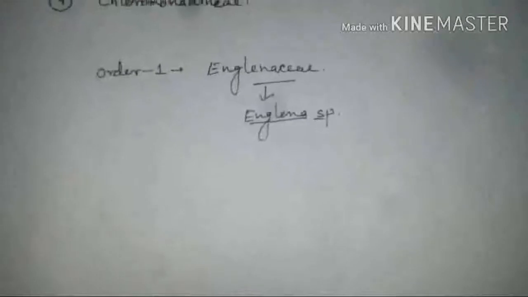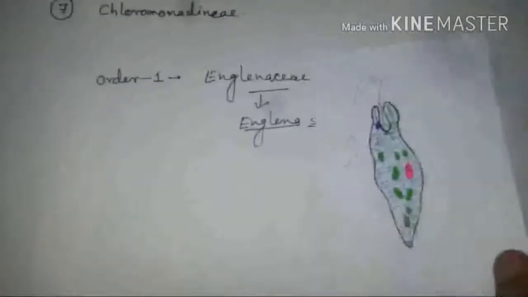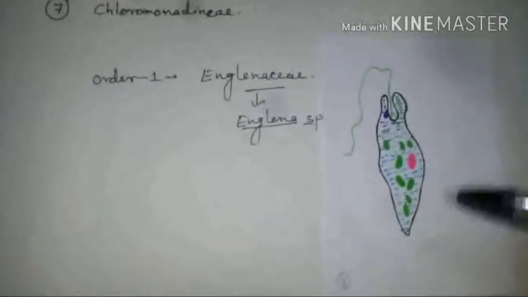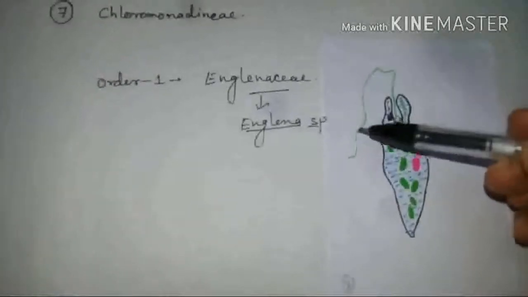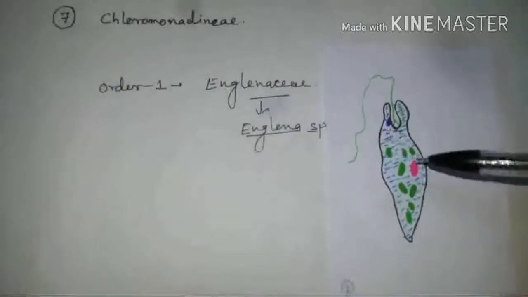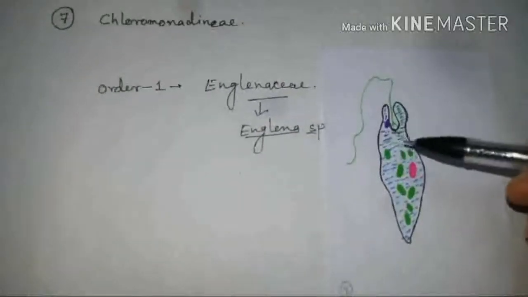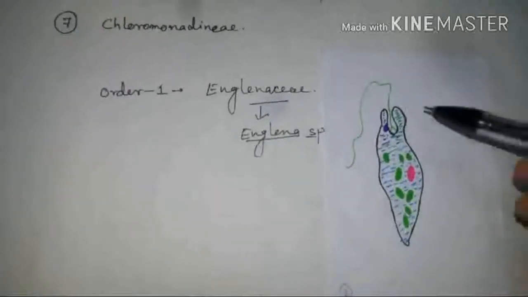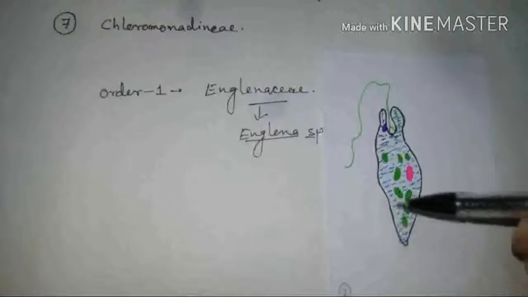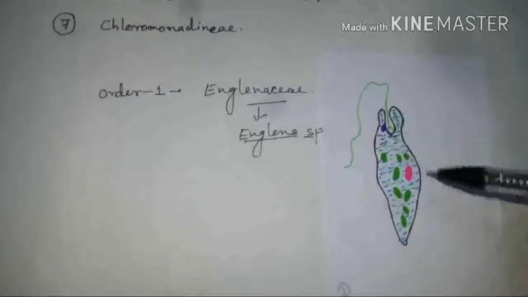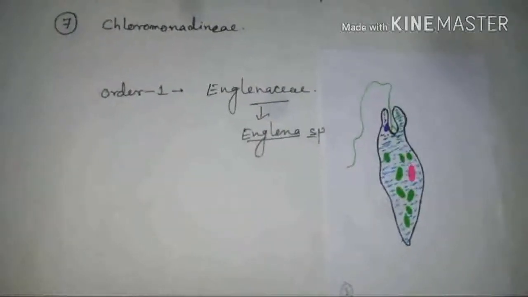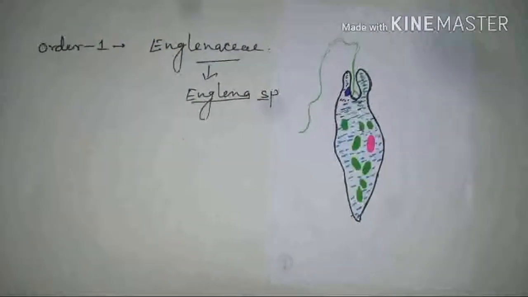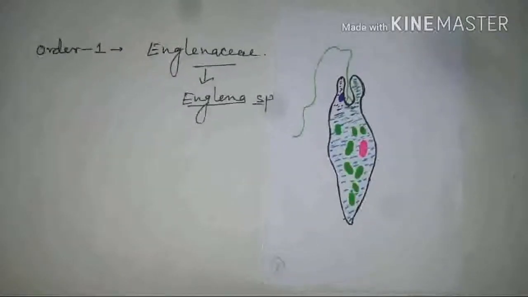Here Euglena is made up of a single cell, and a single flagellum is also present in this algae. A reddish eye spot is found in this algae, and it is holophytic. Here the nutrition is holophytic, so they obtain their nutrition by themselves.